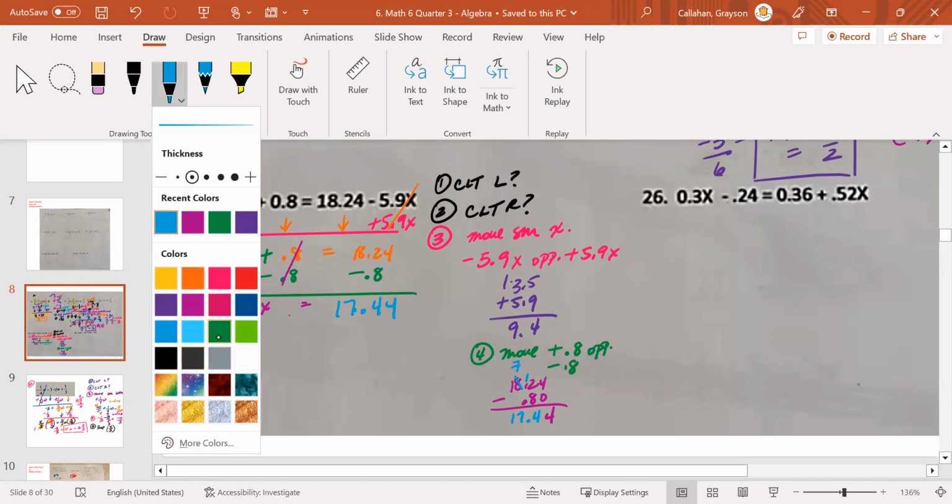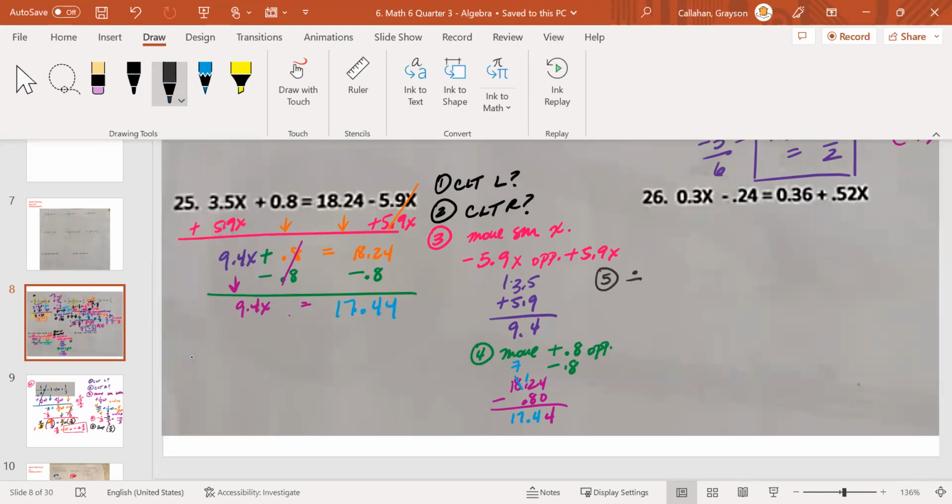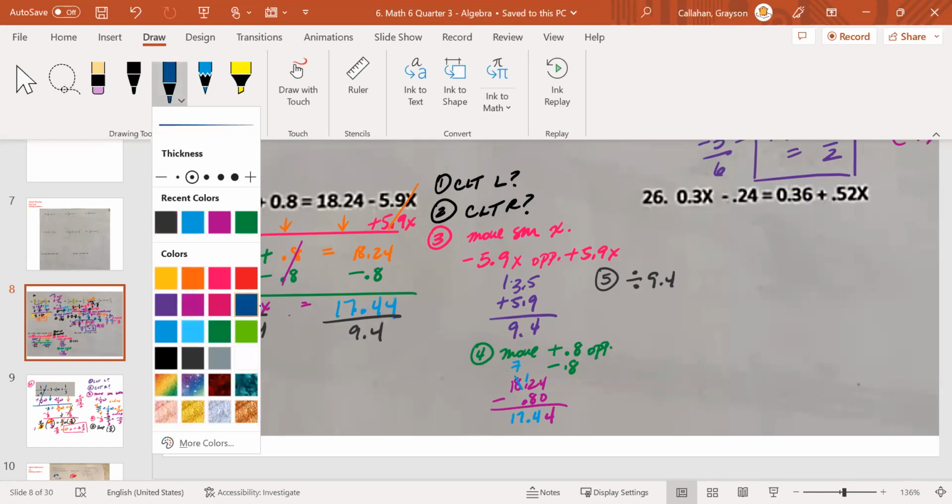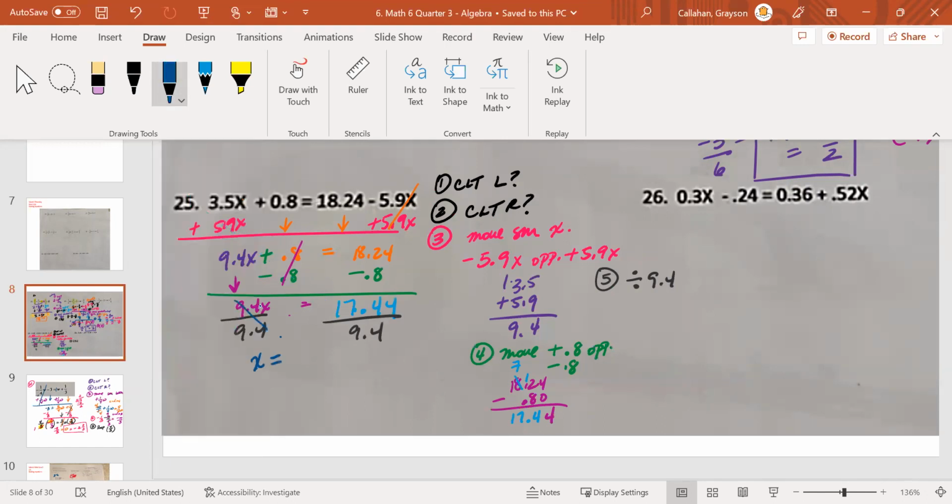Now, step number 5. You're going to go ahead and divide by 9.4 on both sides. So that way you can get x by itself. That part cancels, x is equal to, and you want to do this on the side, 17.44 divided by 9.4. You remember how to divide by decimals?